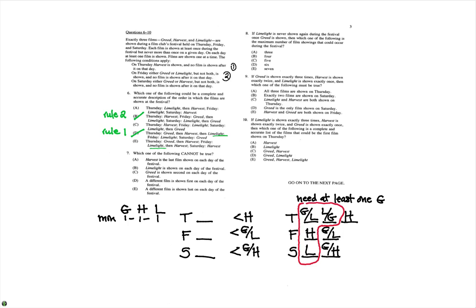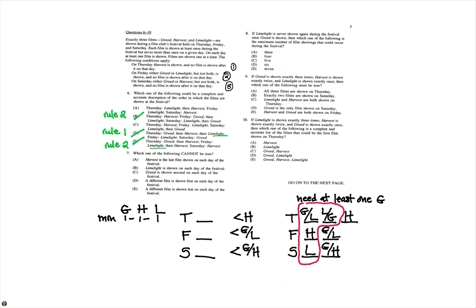Here we have Harvest, so E violates rule number 2, and it is also going to be eliminated. Which brings us to our third rule here. On Saturday, either Greed or Harvest, but not both, is shown, and no film is shown after it. So there is rule number 3.